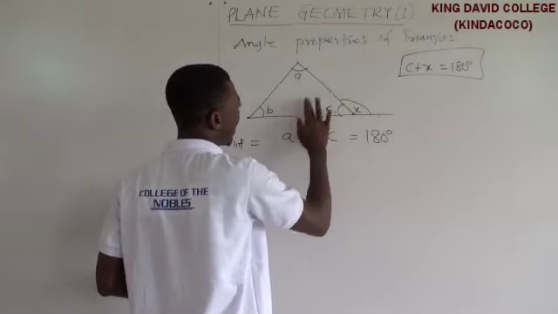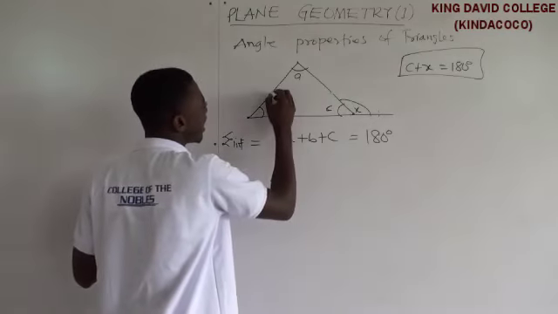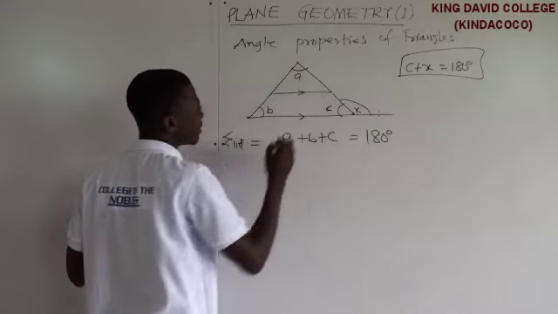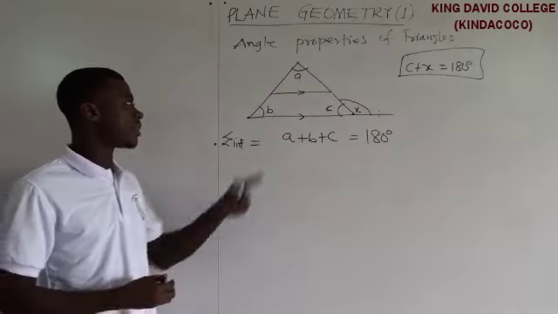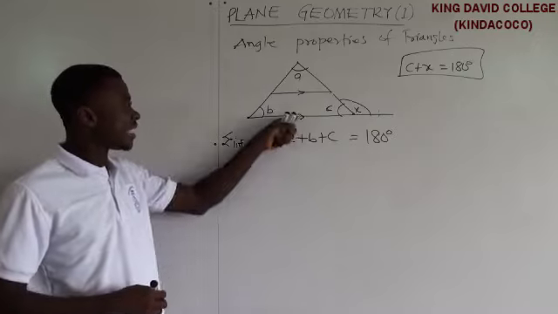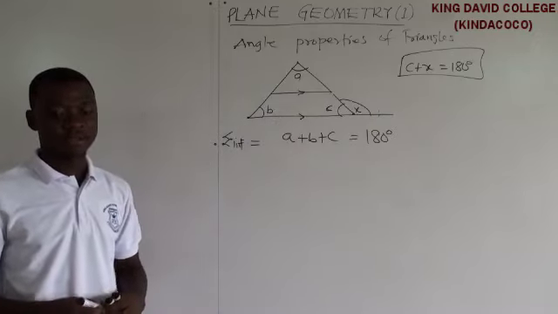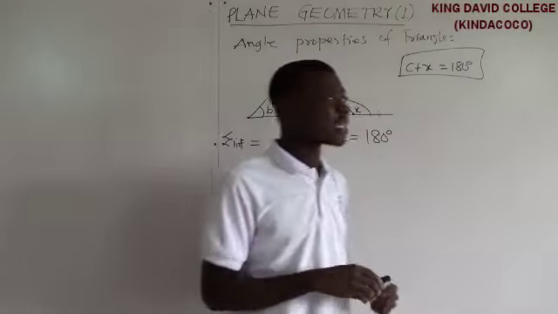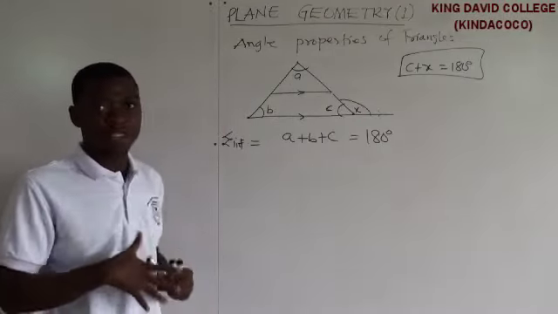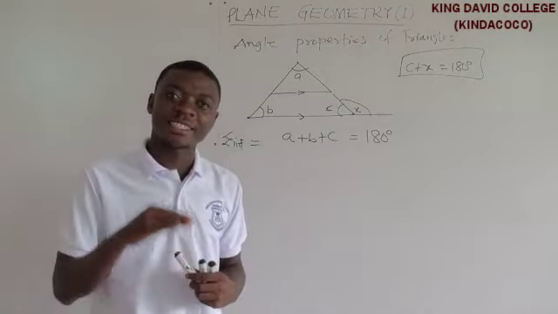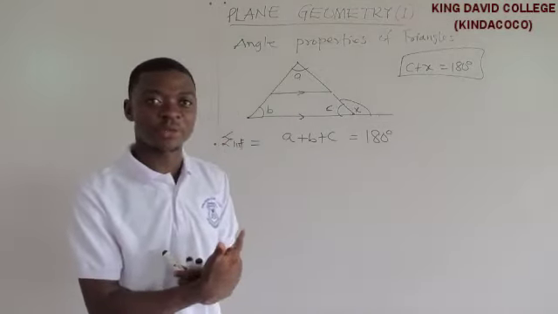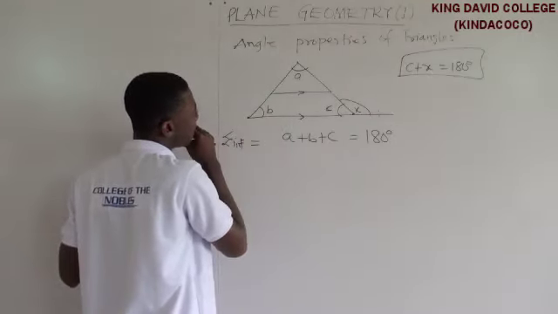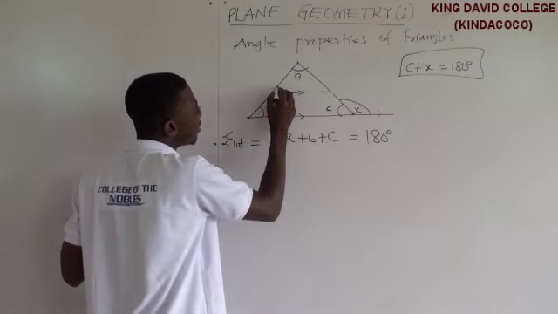Now, supposing over here, I decide to draw another line which is parallel to this line. So I draw a line in the middle, and that line is parallel to the baseline of this particular triangle. When that happens, that particular property of parallel lines is going to apply over here. Hence, the position B is occupying is the exact position B will occupy over here.